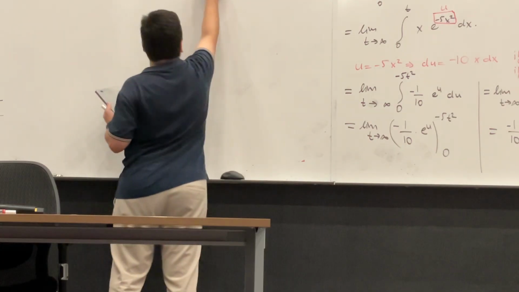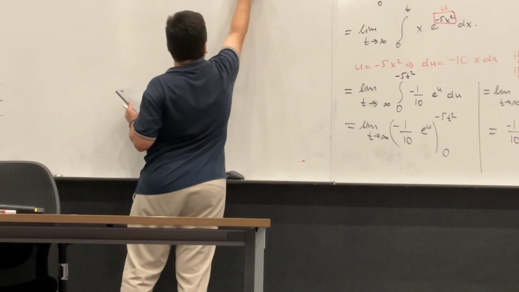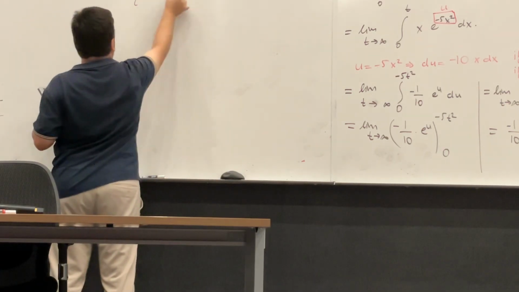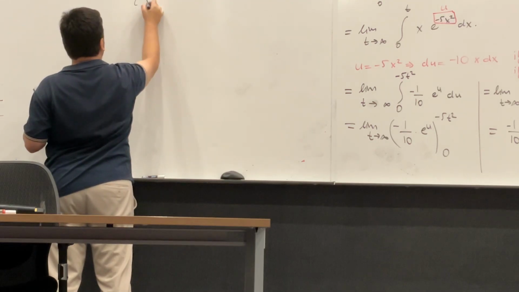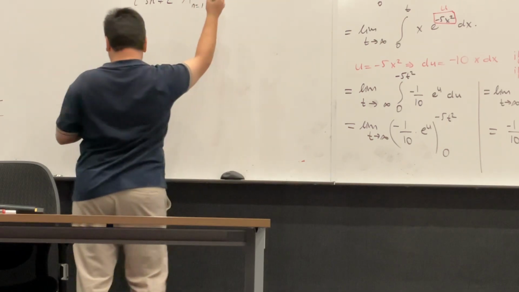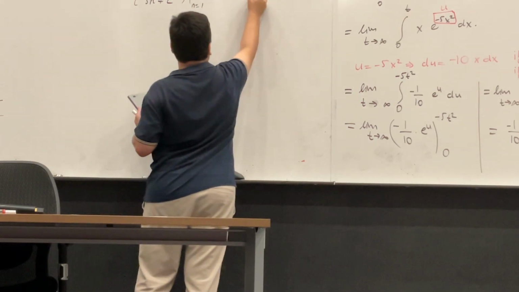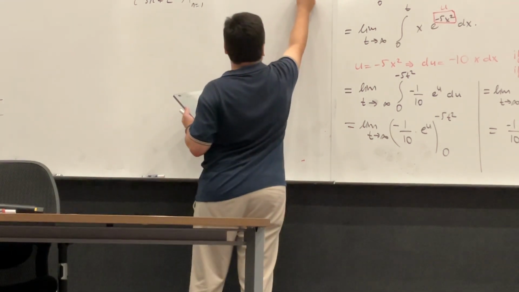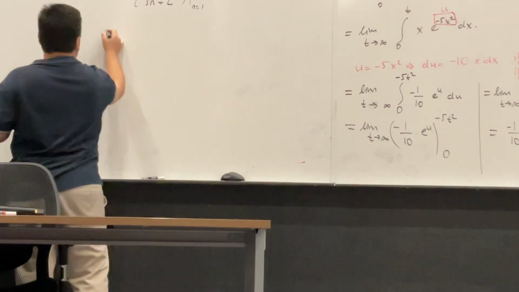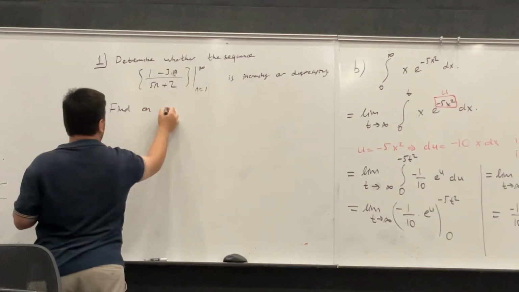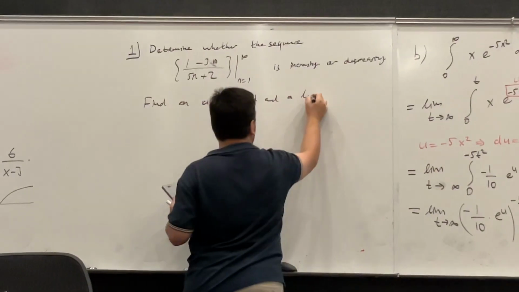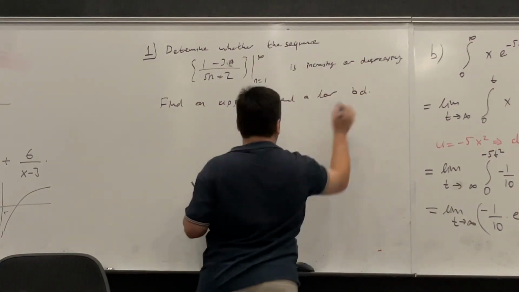Determine whether the sequence (1 minus 3n) over (5n plus 2), n from 1 to infinity, is increasing or decreasing, and find an upper bound and a lower bound.